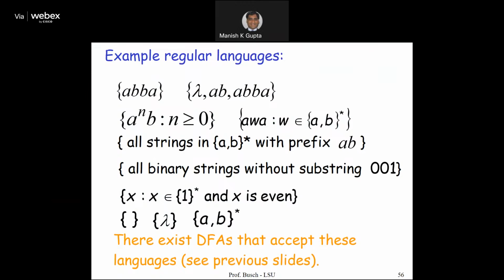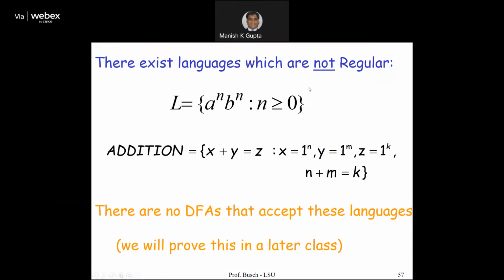This cannot be accepted by any DFA. Why? How? Think over tea. We can come back to this question next time. a^n b^n. Okay, like that. There exist languages which are not regular. So this is an example of a language for which you cannot construct a DFA.